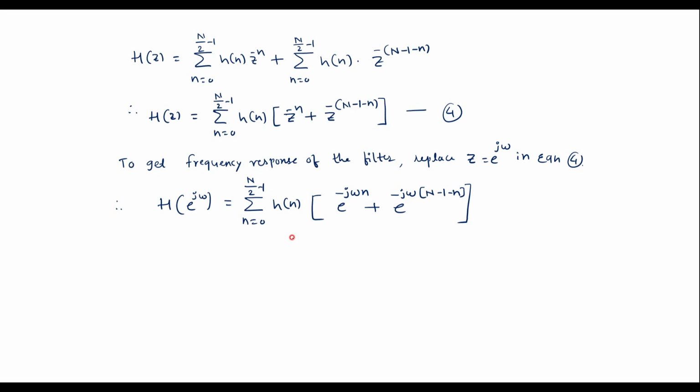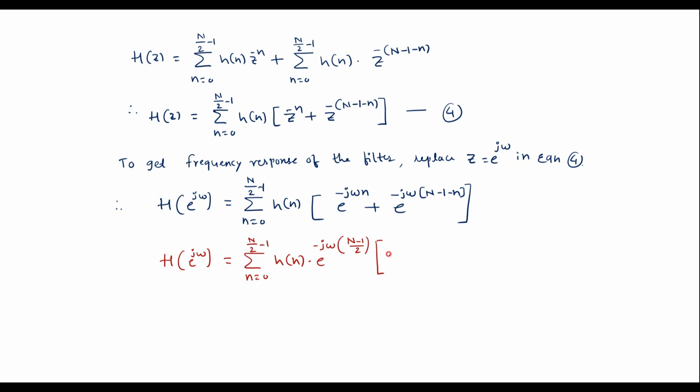So now to bring it to the standard form, I will rewrite this expression as H of e power j omega is equal to summation n is equal to 0 to N by 2 minus 1 h of n into say e power minus j omega (N minus 1)/2.